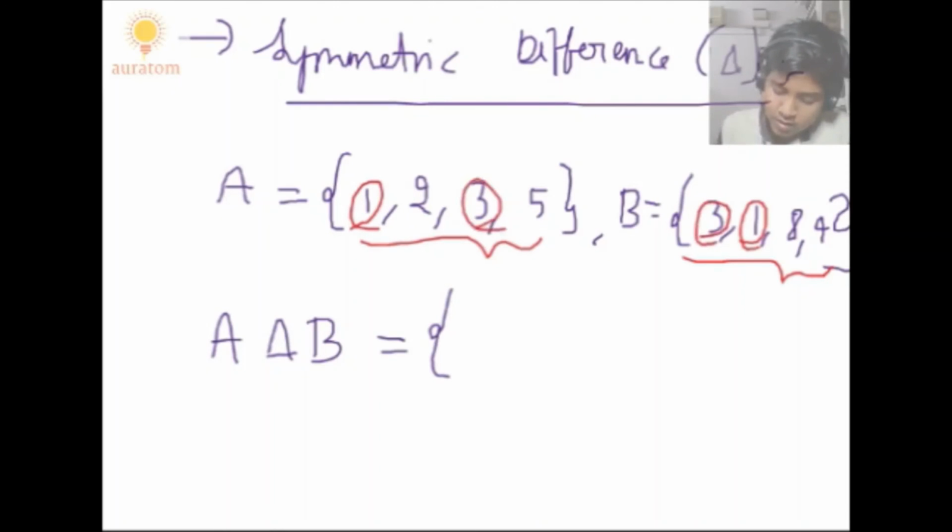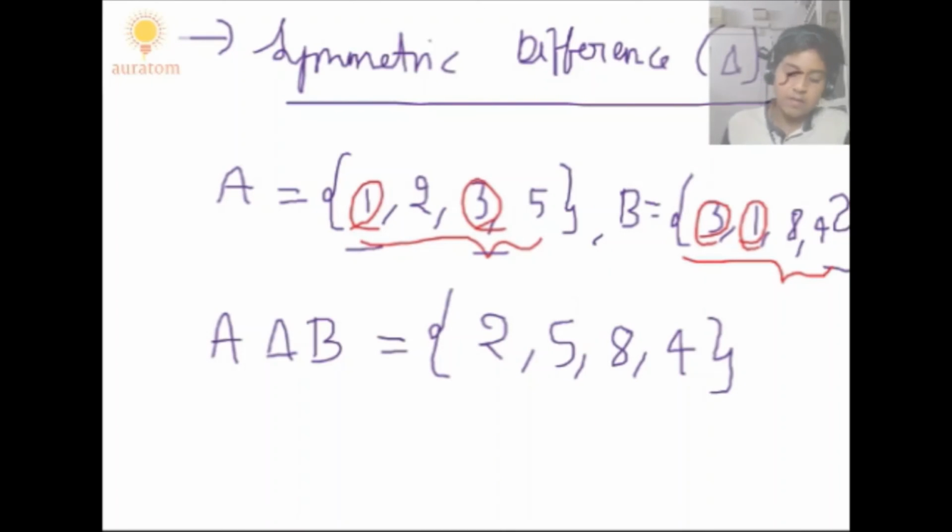So it includes the rest of the elements from A and B, that is 2, 5, 8, 4, and it excludes the other elements which are 1 and 3, right?